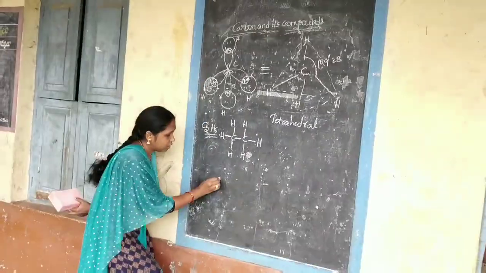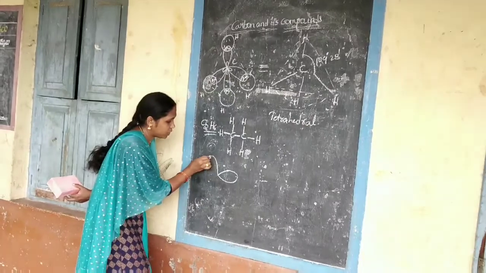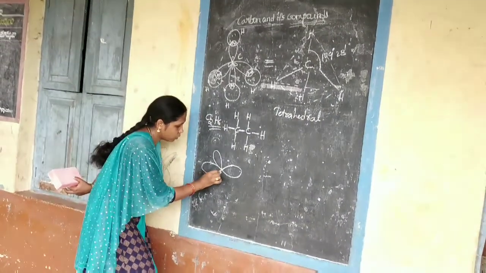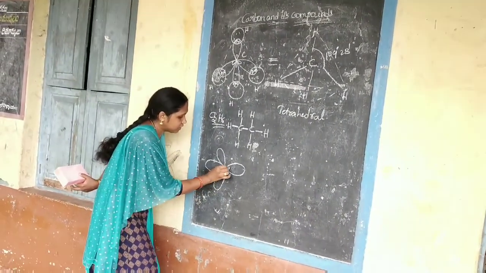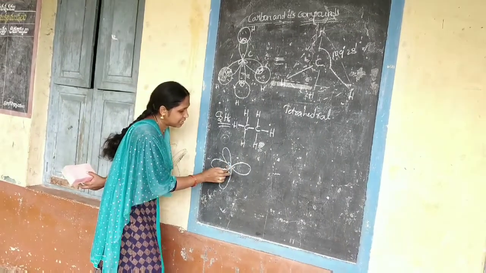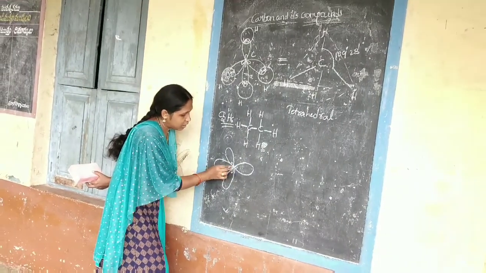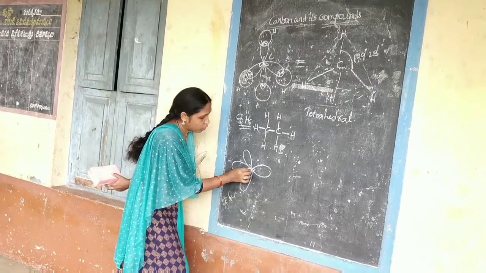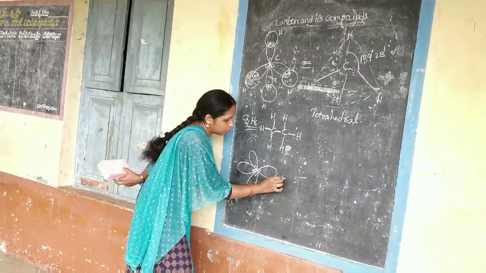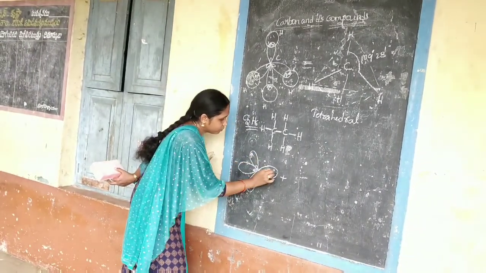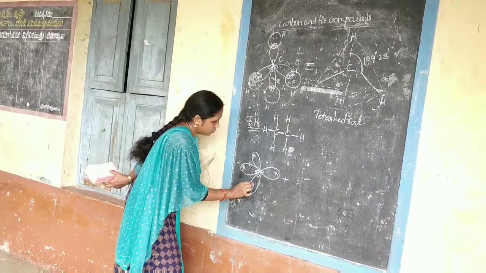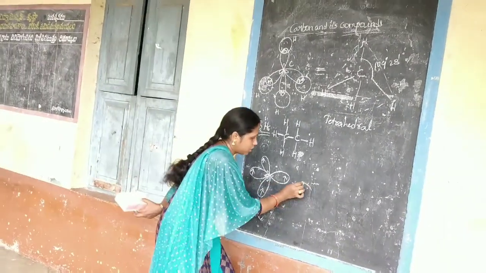So I am taking the hybrid orbitals of carbon. Here the angle is 109 degrees, but I have taken the shorter lobe inside the longer lobe for my convenience. And another carbon.